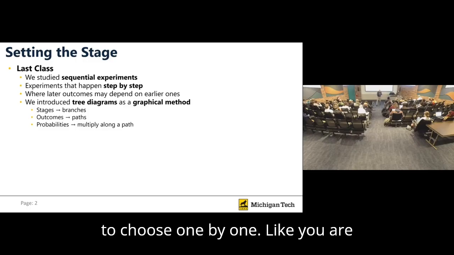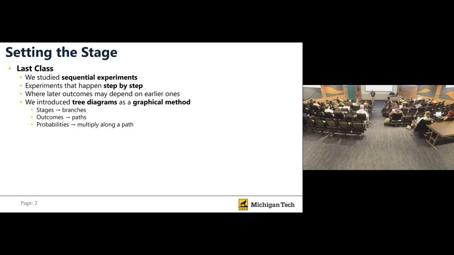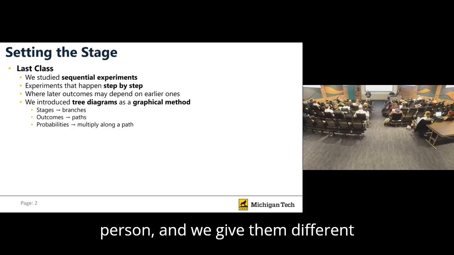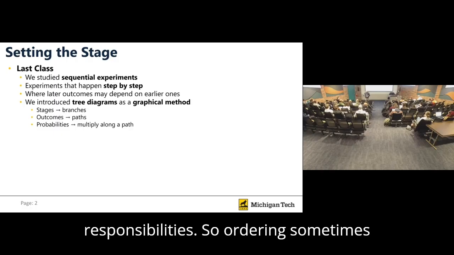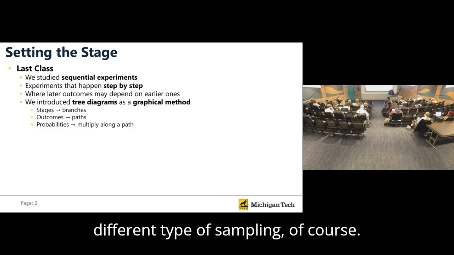You need to choose one by one, like you are selecting 3 students. That's supposed to be the first, second, and third person, and we give them different responsibilities. So ordering sometimes matters, sometimes not. And this kind of selection is a different type of sampling, of course.